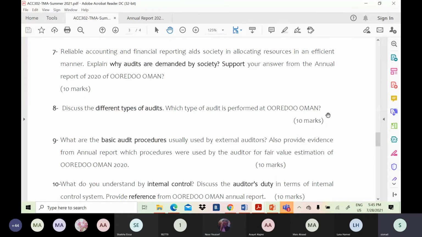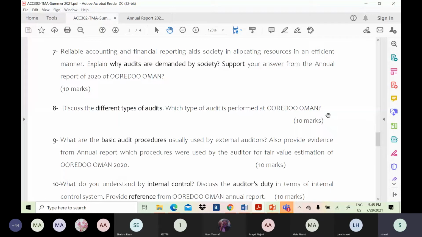Let's go to question number 8. Do you remember in chapter 1? It says: discuss the different types of audits. We explained it. I will not mention it, but we explained it. Remember, number 1 is okay, number 2, 3 and 4 we explained. So you have to explain from the material. By the way, here you can also add the different kinds of auditor.